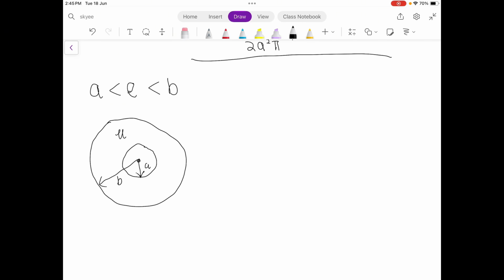Now you want to find the magnetic field in between, so you have to form the Amperian path. Ampere's law says that if you integrate the magnetic field, the line integral of the magnetic field in the closed loop gives the current enclosed by the loop.